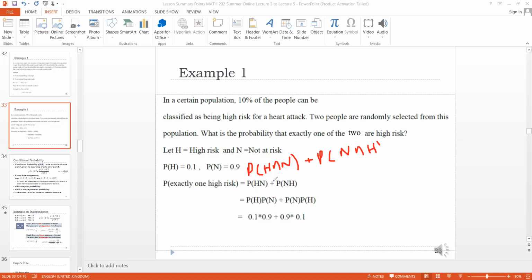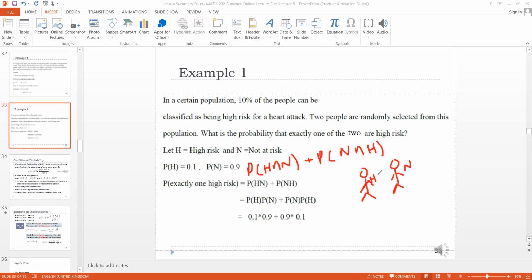Now, we know that if there are two persons selected, they are two different human beings. So the fact that this person is high risk does not mean that this person is also going to be high risk.